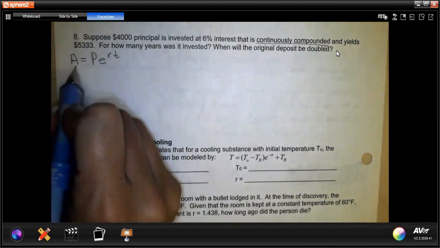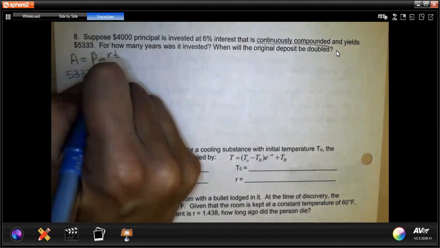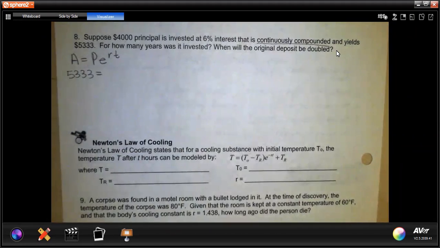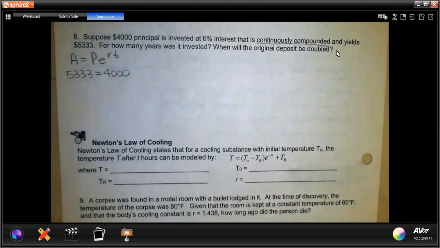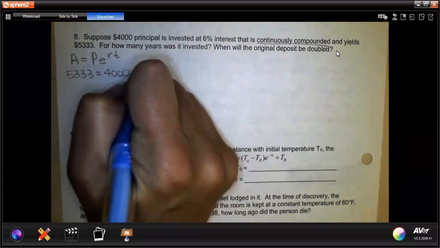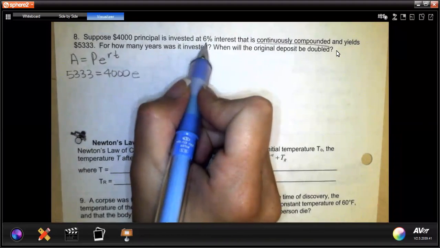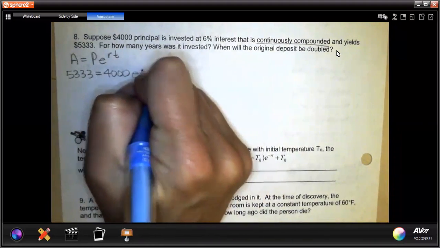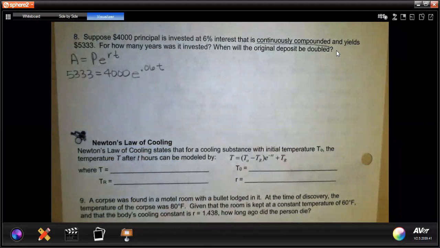It told us that the amount at the end was 5,333, so I would put that in the place of the A. We started with 4,000, so I'm going to put that in the place of the P. e is a number, not a variable, so that stays as e. My rate was 6%, so I need to change that to a decimal, so that would be 0.06. And the t is what we do not know.